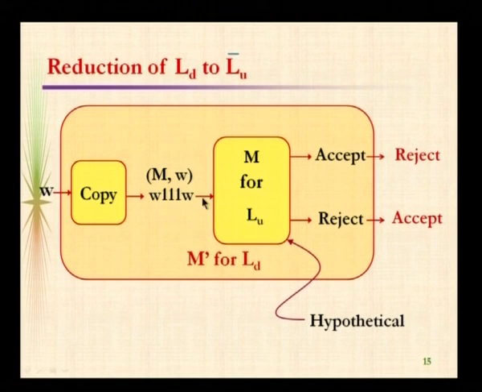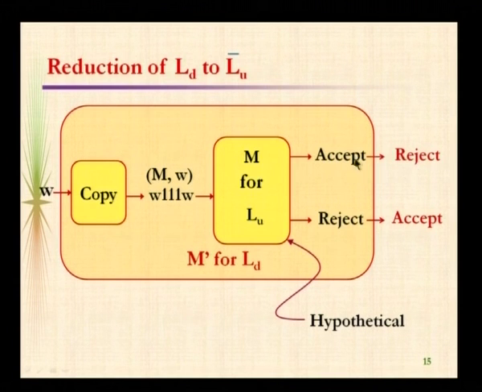If it is given this input, then by the assumption that LU is recursive, it will produce accept or reject output, and you just take the inverse of this, because LD is going to be the complement of this language. Here, if M accepts W, we say accept, but as far as LD is concerned, if M does not accept W, then it is going to be a reject operation.